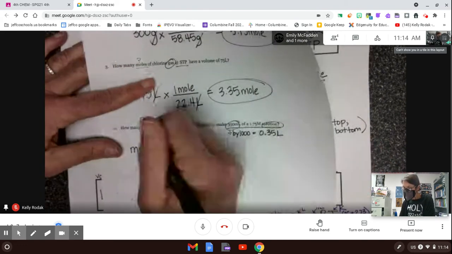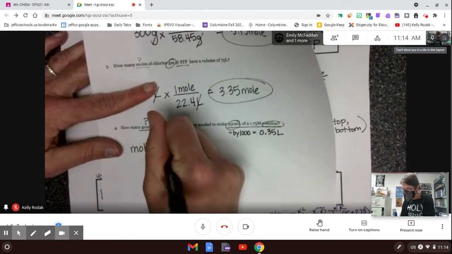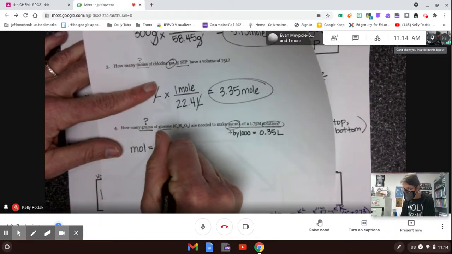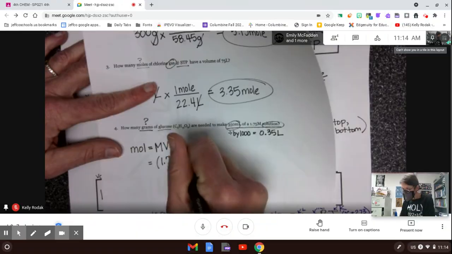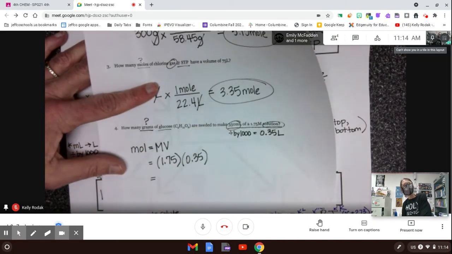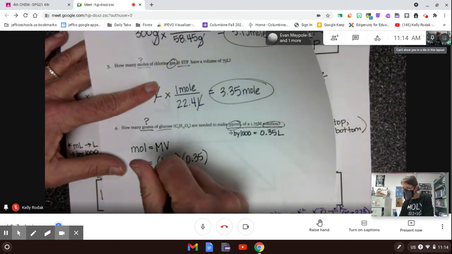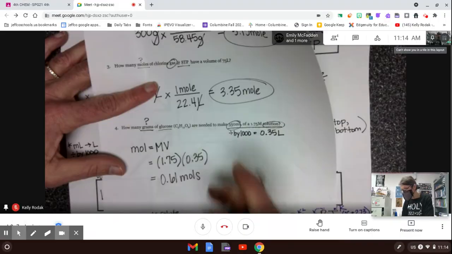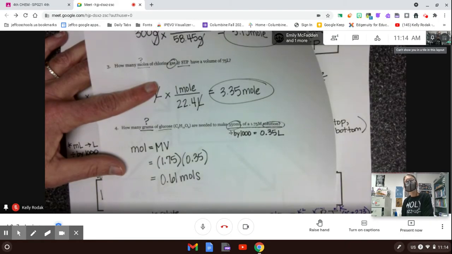That's going to get us 1.75 for the molarity, and the volume is 0.35. So I do 1.75 times 0.35, and we get 0.61 moles. Now, are we done? No.